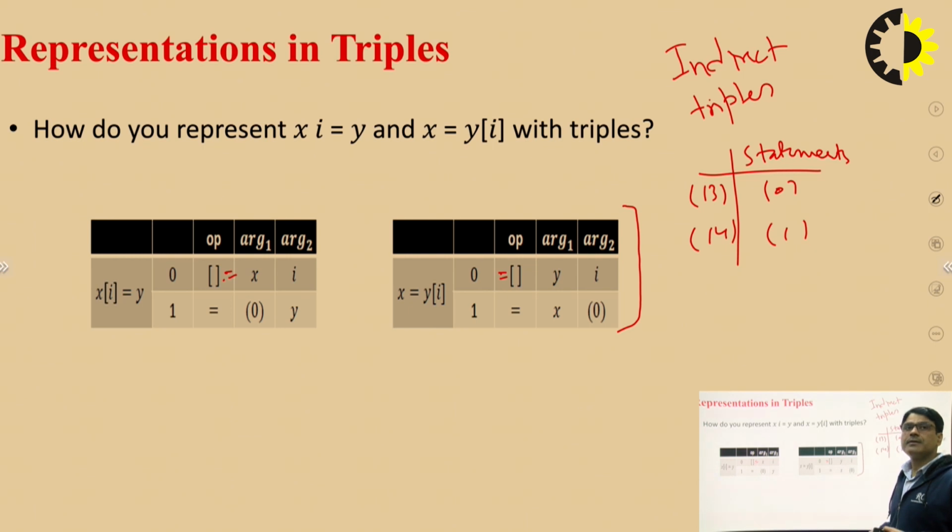That is the benefit of indirect triples, but it is more complex because if you are using two pointer variables, the complexity would be more. That's why we preferred quadruples. So indirect triple is a kind of option for quadruples in the form of triples, but it is used very rarely. So triples and quadruples are more used.